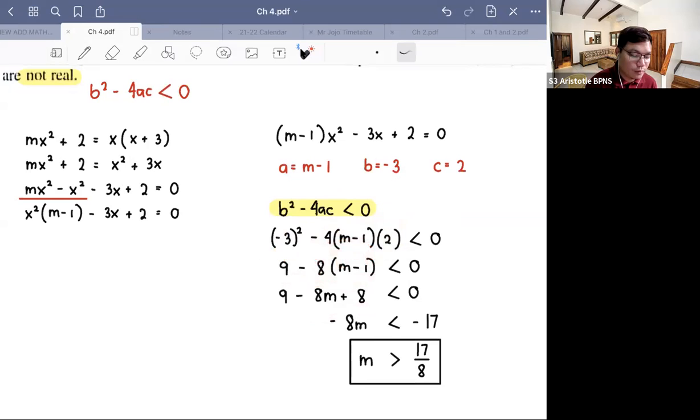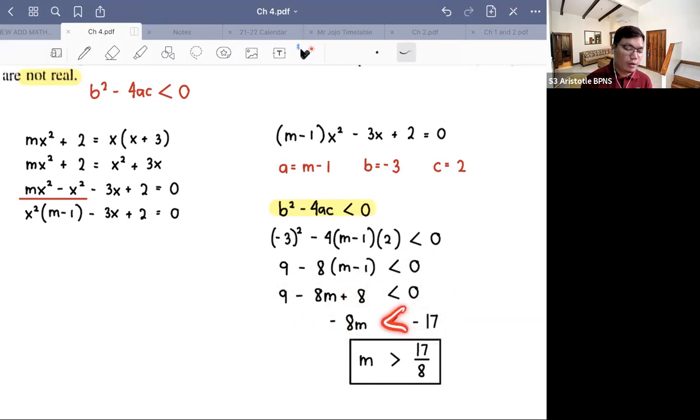So if you're solving for m, bring down negative 8m, add this 2, you'll get 17. Then put them here, you get negative 17. And then of course you get rid of negative 8 by dividing both sides by negative 8. By doing so, your inequality will reverse.